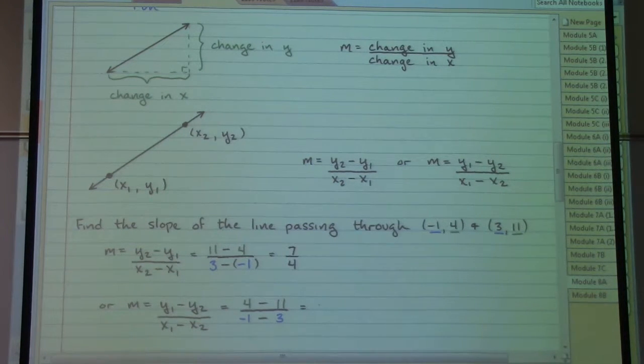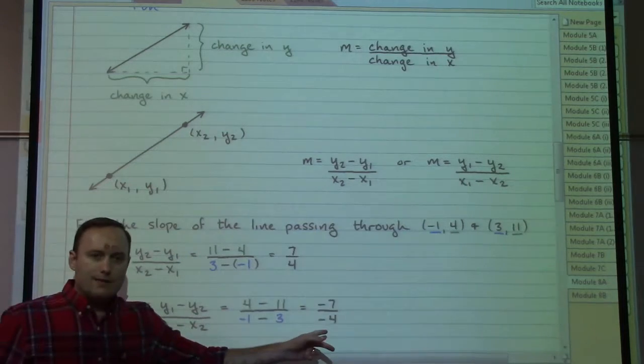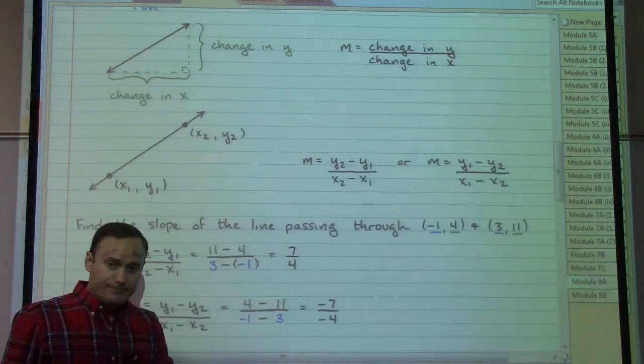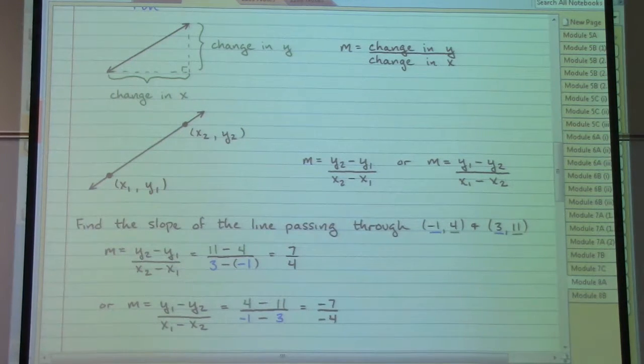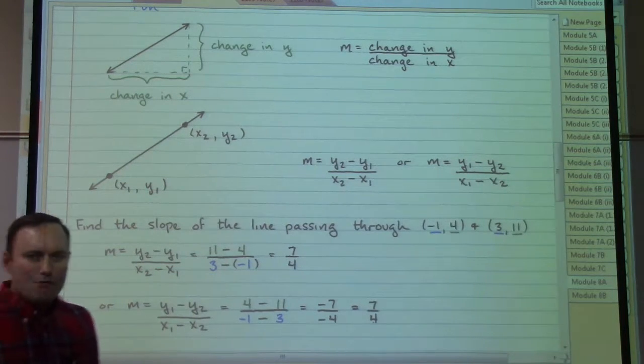Now up on top, we would get a -7, and down on the bottom we would get a -4. But as we've done so often, we don't let the negatives stay in the denominator. We can also say a negative divided by a negative overall is a positive answer, so that this could be simplified more completely as the exact same answer we got originally, 7/4.